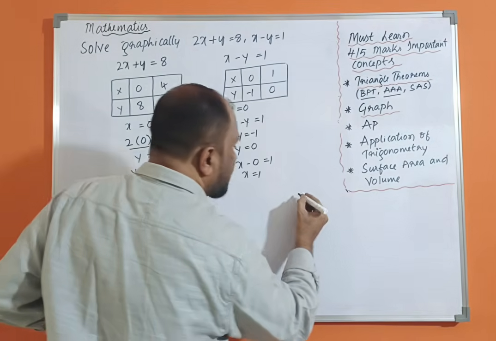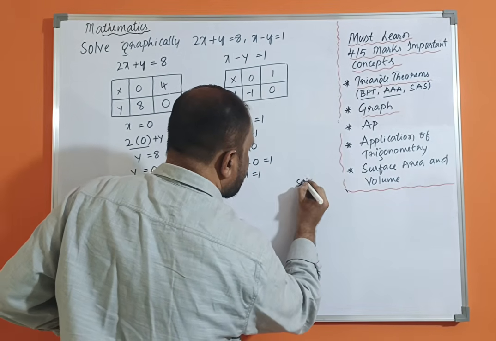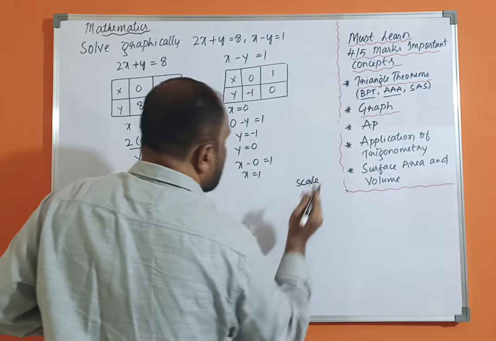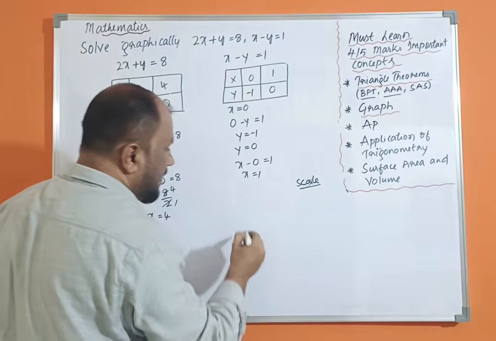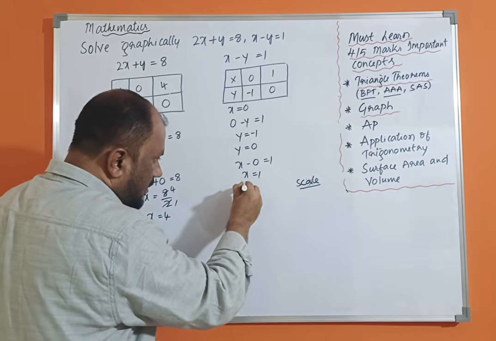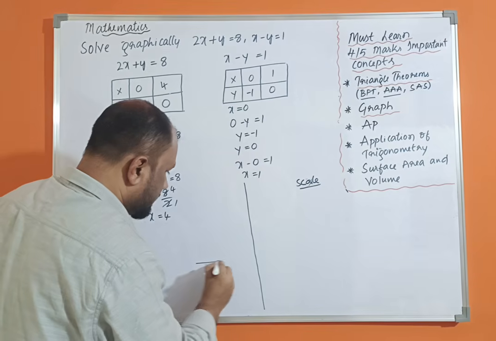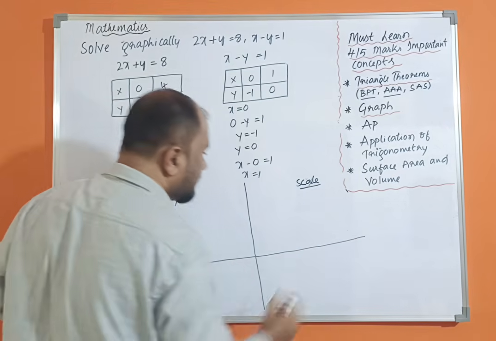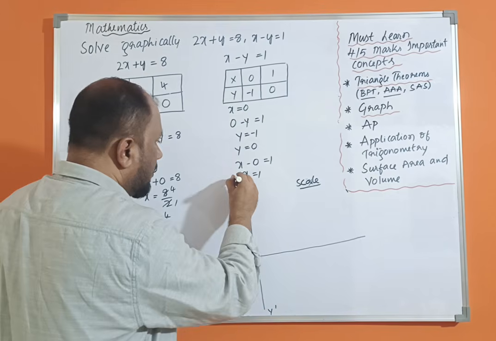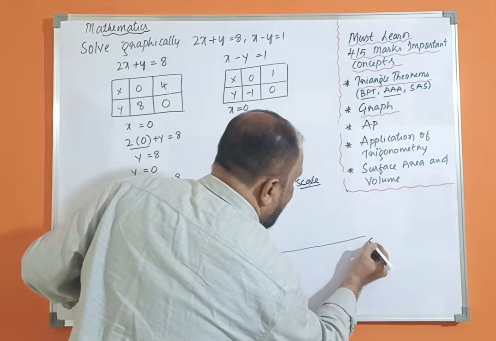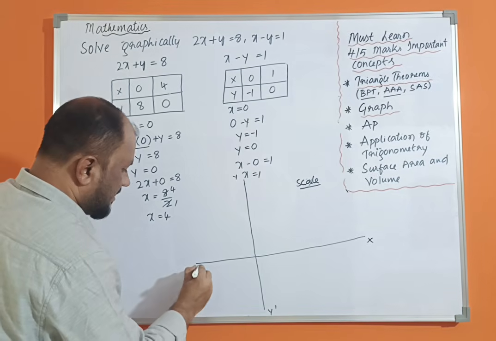For drawing the graph, first we have to write the scale. Writing the scale is very important. Now take your x-axis and y-axis: y dash, y, x, x dash.